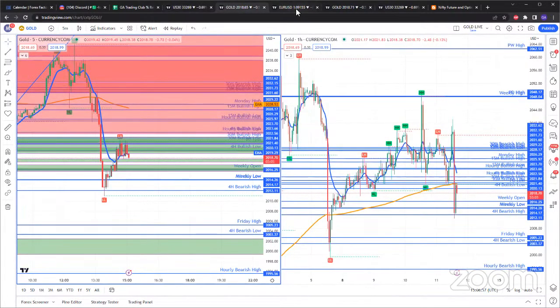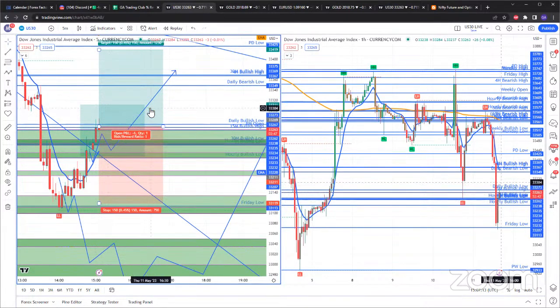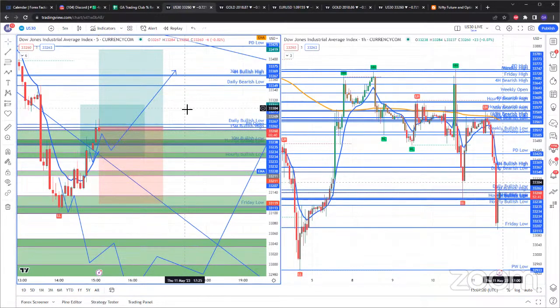For gold, if this trade does come back here and give me the initial entry, I will personally size in with a bigger position, possibly go for 20 or so pips, close out the size in and close half of this position as well. But I'll let you guys know.